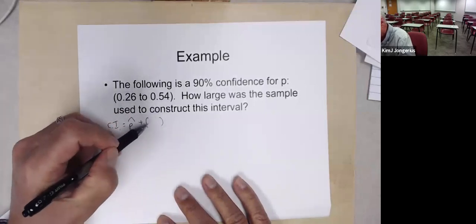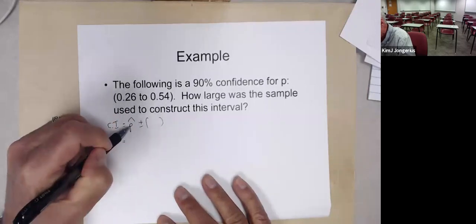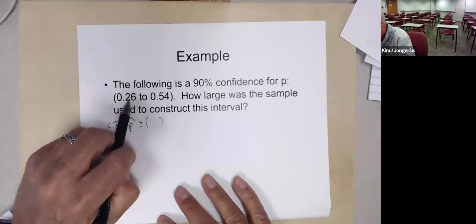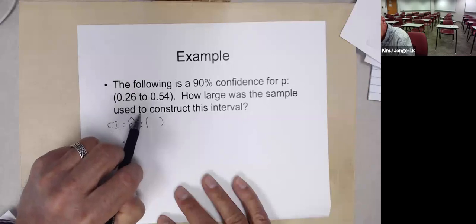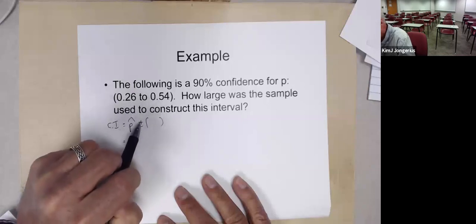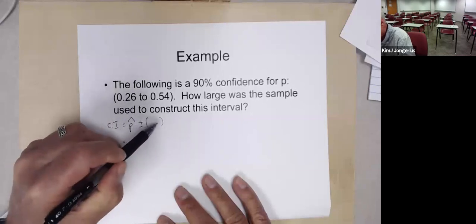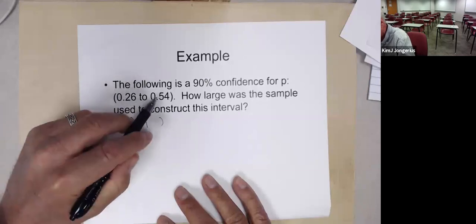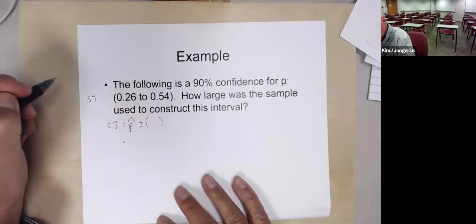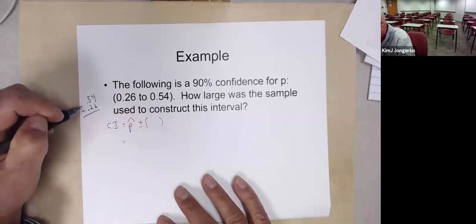Well, that amount that we add and subtract, it would have been added to our p hat and subtracted, which means the difference between these two is going to be double that amount, because this interval was found by adding and subtracting. So how far is that plus or minus? Well, I'm going to take the high end of the interval, 0.54, and subtract the low end, 0.26.